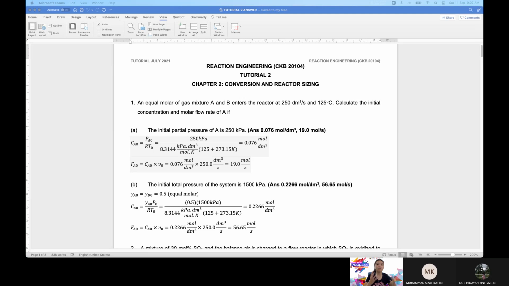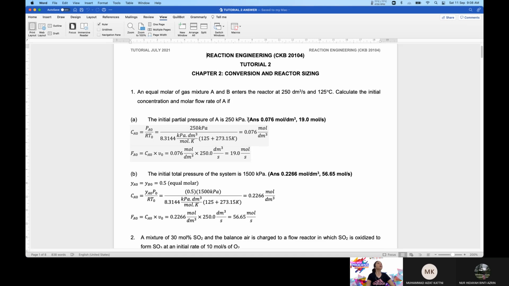What's more important for you is to really understand the questions and how we solve the question according to the information given. We learn how to synthesize the information and then use it for calculation. So if you don't have time to calculate, it is fine. You can always do it later. What is important in this session is to understand the calculation. Today we will try to solve about 4 questions. I think we have time to solve 4 questions for today.